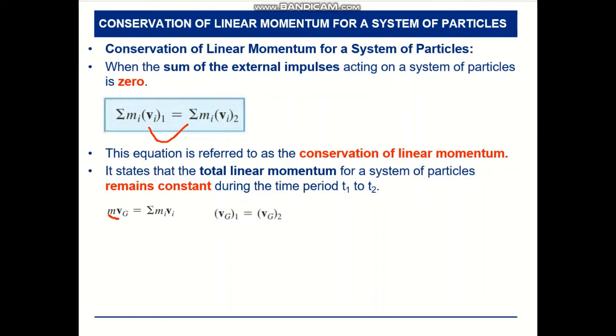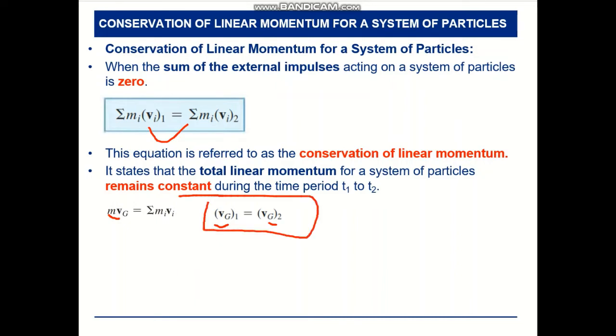So if we take m vG is equal to mi vi, we can say that if we take the center of gravity velocity, the initial velocity and the final velocity are going to be the same.